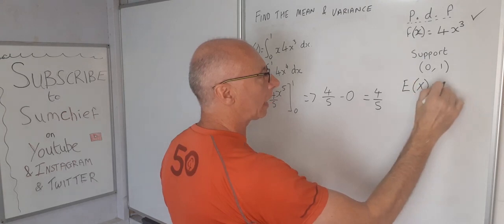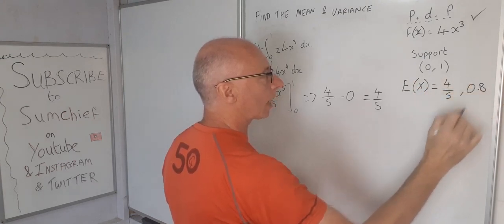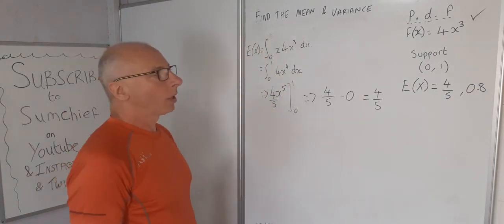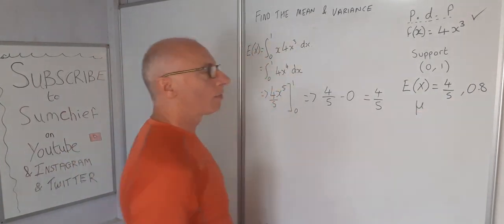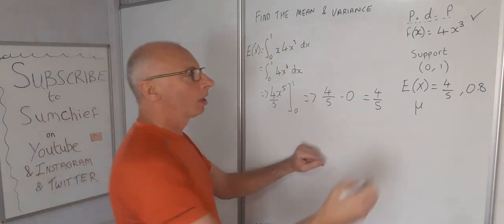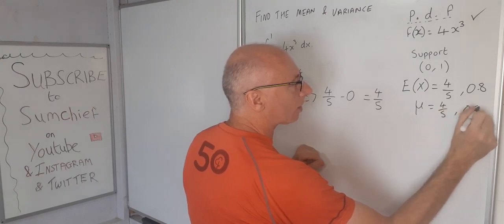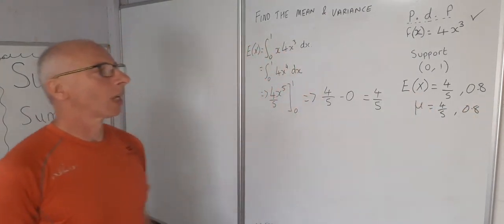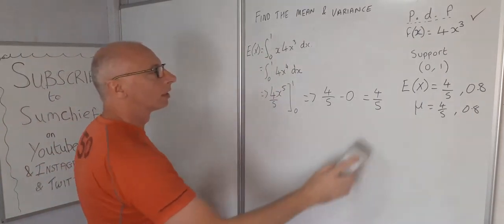So that's our mean. So 4/5, or we can write it as 0.8, or we can also write it as mu. This is an accepted way of writing the mean. Greek letter mu, that is also 4/5 or 0.8. It's exactly the same. Okay, so that's our expected value.